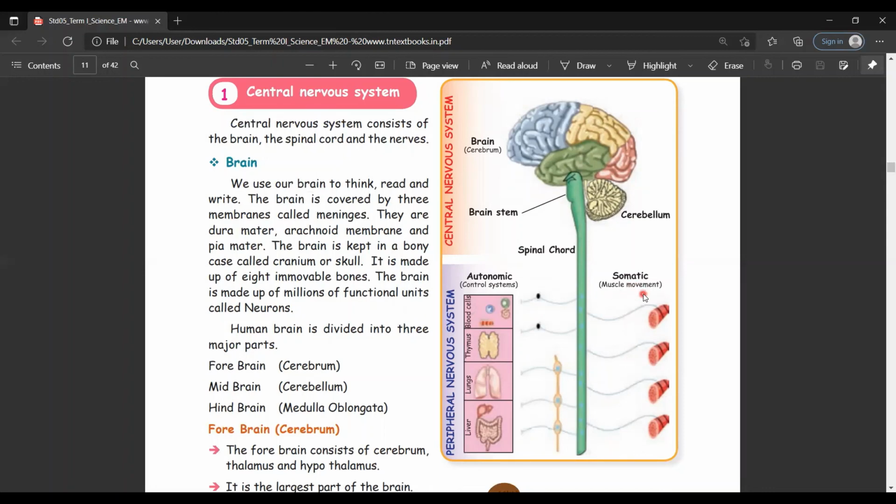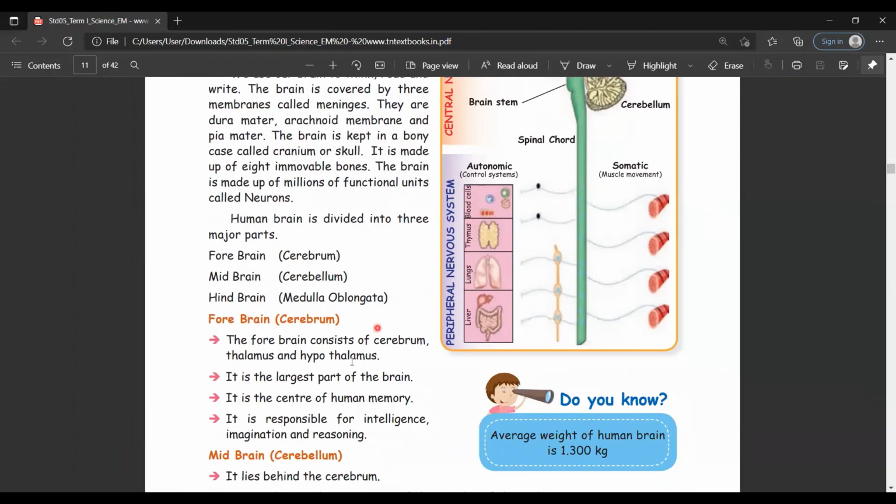Okay children. So this is all about nervous system. You can practice this diagram and also practice to memorize the spellings. It is very important, like medulla oblongata, cerebellum, cerebrum, thalamus, hypothalamus.